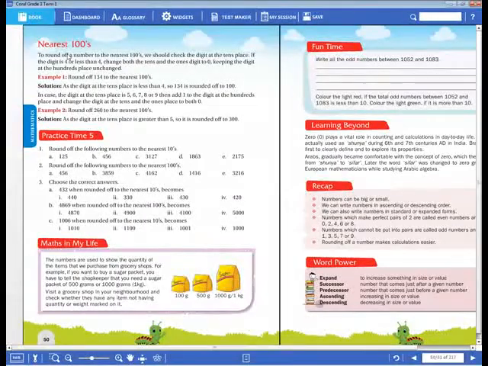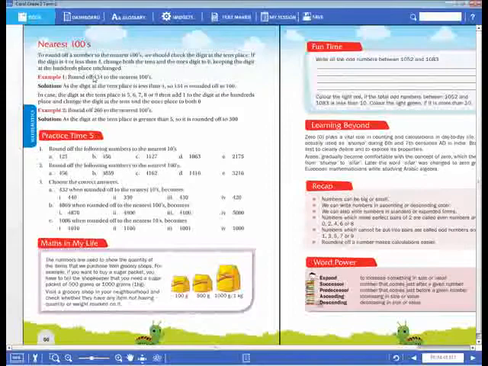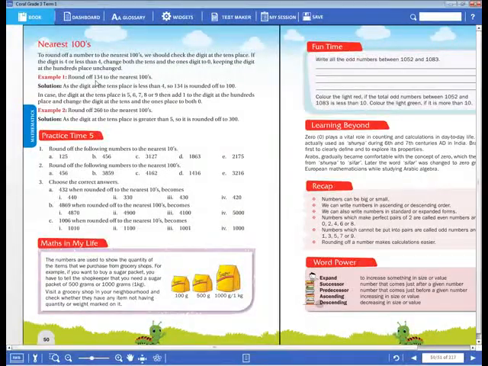When you are finding the nearest hundreds, for example, first everyone have a look at the screen. Here 134 is there. In 134, how many hundreds are there? 100. Yes or no? 100. So what are the next digits? 34 is there. 34 is less than 50.